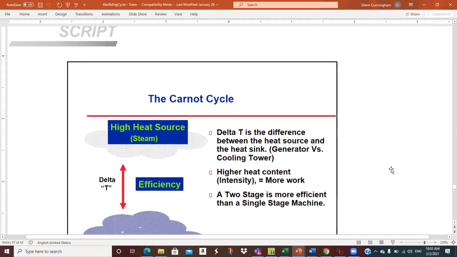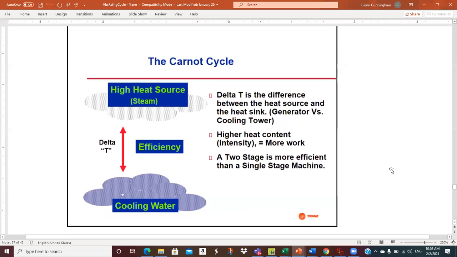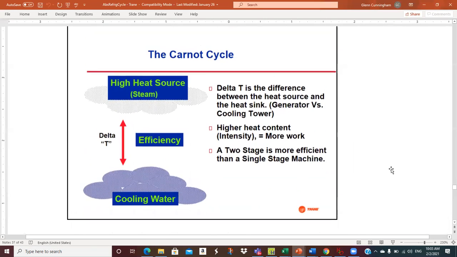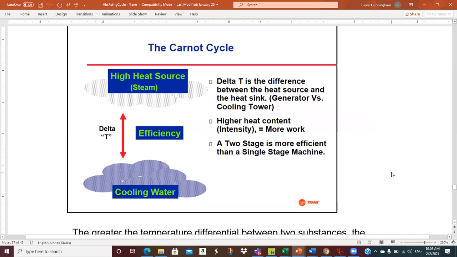So let's see. He's got two slides here that are really kind of stupid if you ask me. This is just referring to the Carnot cycle. Basically, if you look at the refrigeration cycle, the bigger the temperature difference, the higher the potential COP is, is what this is saying. I didn't put the Carnot refrigeration equation up there in terms of temperature, but for refrigeration, I think it's T low divided by T high minus T low.